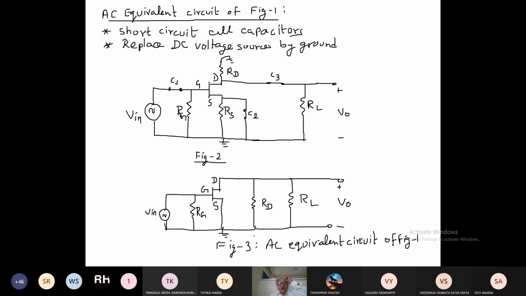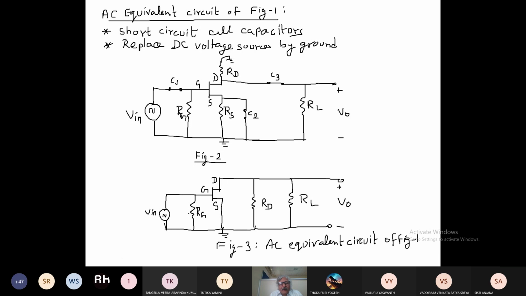Now here this RG, right? What is this RG? This is the resistance between gate and source, right? This is not an extra resistance which you have connected. This is the internal resistance which is offered between gate and source, and it will be very high.